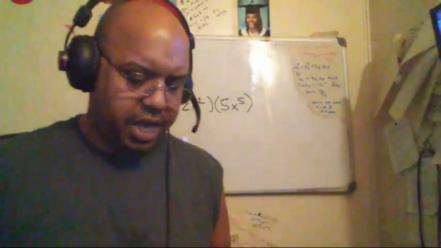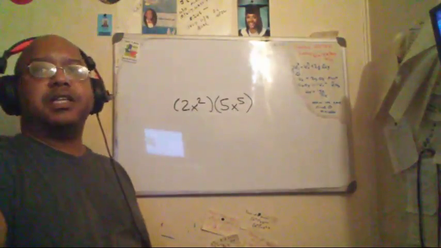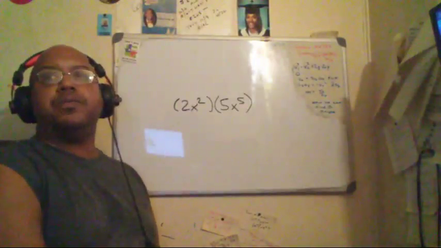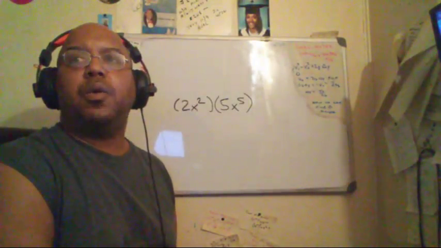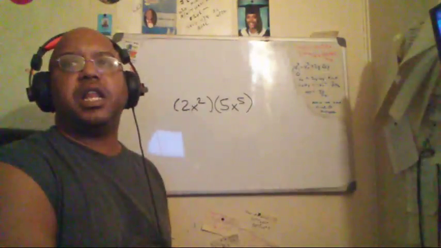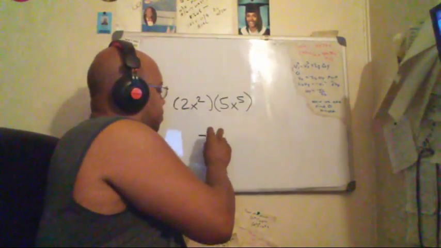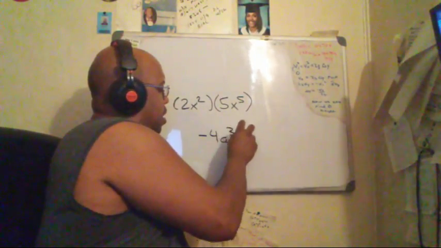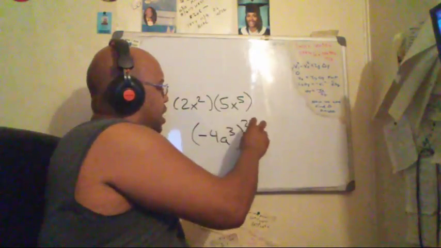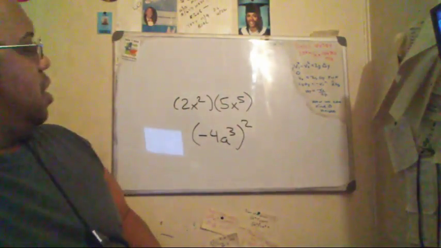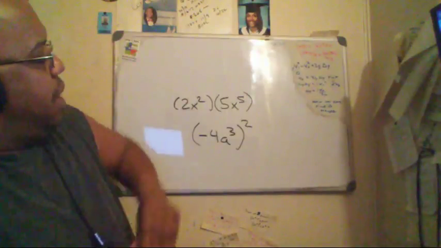The second condition that they sent is the power of a power rule. In that case, let's say we have negative 4a cubed, and then we put an exponent of 2 on the outside. Now this is what we call a power of a power rule.